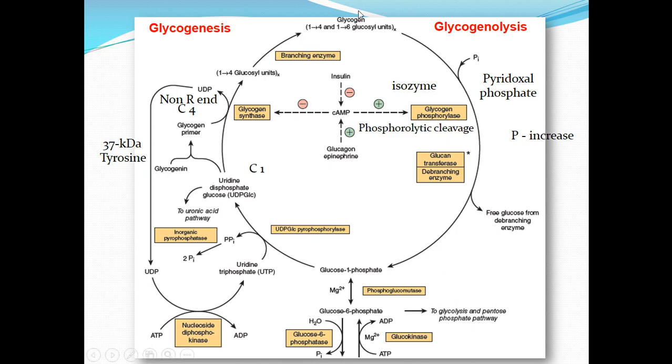This is how glycogen molecules having 1,4 glucosidic straight chains and 1,6 glucosidic linkages at branch points are formed.